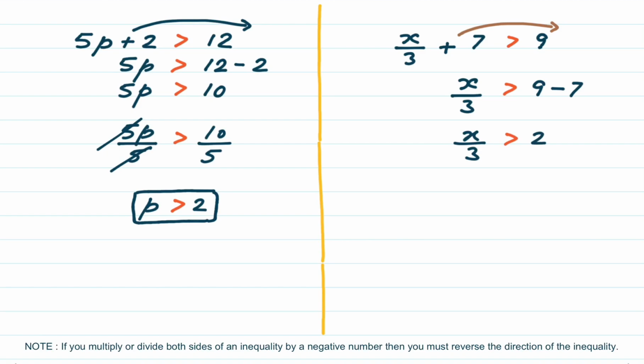Now that we have in the denominator 3, we multiply each side of the inequality with the number 3. So finally I get x greater than 6.